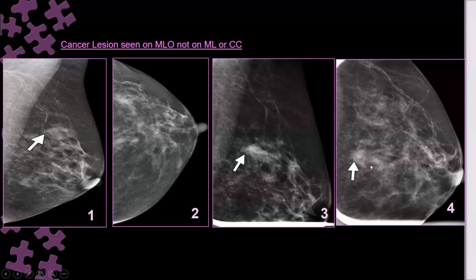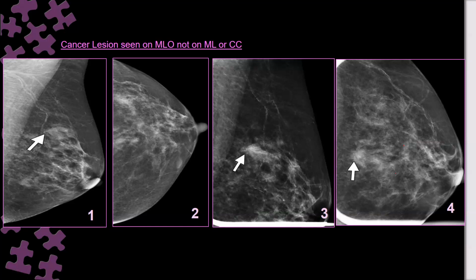That is why I could appreciate something posterior here. What do you think now? It's a real lesion. Why? It is seen in two views. Excellent.